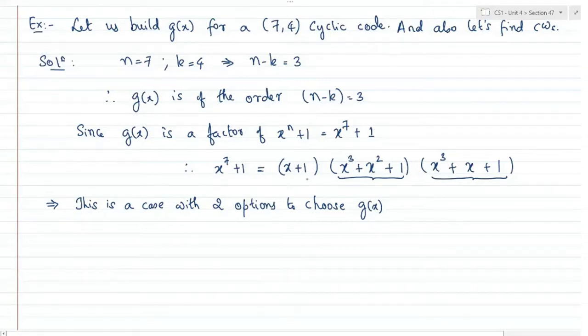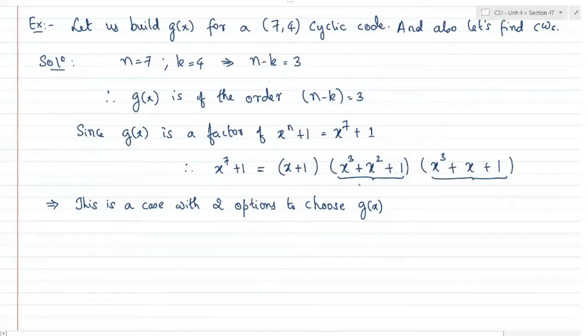Say 18 can be factorized into 2 into 3 into 3, where 2 and 3 are the factors of the number 18. So x power 7 plus 1 can be disintegrated into a product of three different polynomials, so that it is divisible by each of them, just as 18 is divisible by 2, 3, and 3.